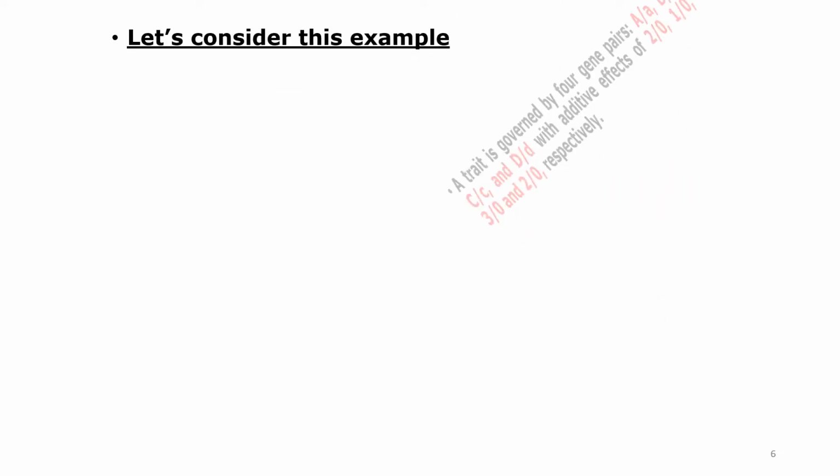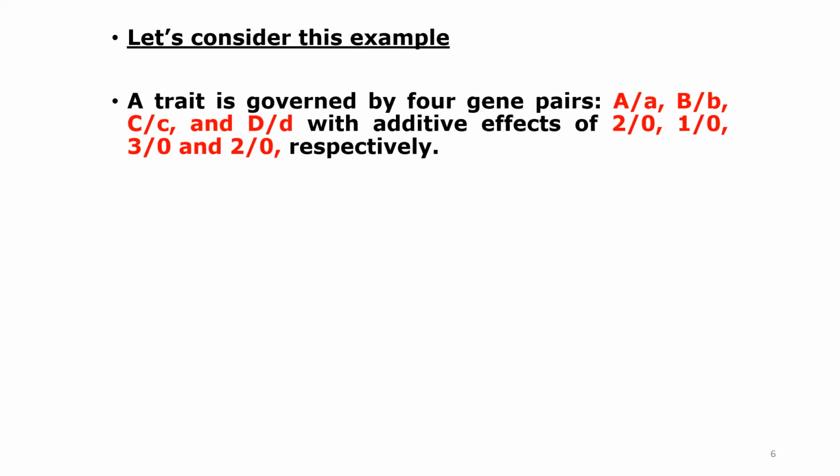So let's consider this example. For example, we have a trait that is governed by 4 different gene pairs: capital A, small a; capital B, small b; capital C, small c; and capital D, small d, with measured additive effects of 2/0 for the first, 1/0 for the second, 3/0 for the third, and 2/0 for the fourth, respectively.